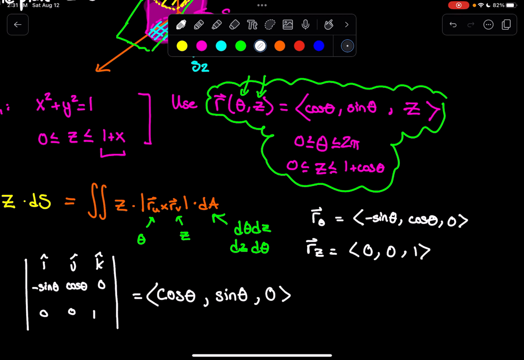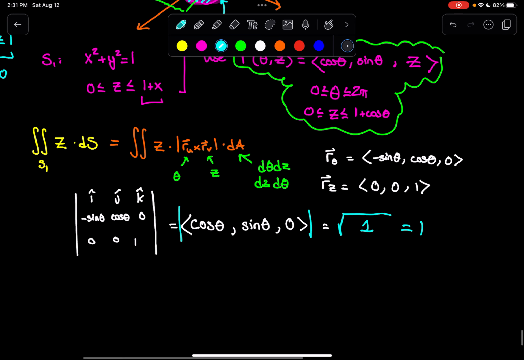And so now all that's left to do is to get the magnitude of this. Remember, the magnitude of the cross product is what we want. And so that's going to be the square root of the first term squared plus the second term squared, which is sine squared plus cosine squared, which is just 1. So this is 1. Holy smokes, this works out to be really nice.